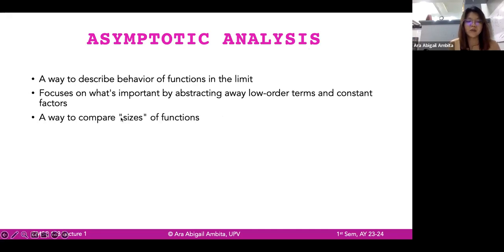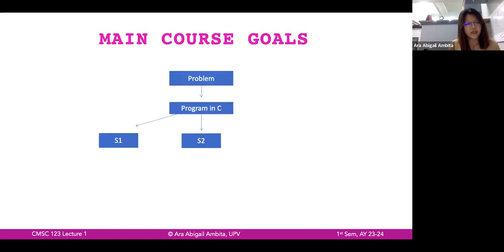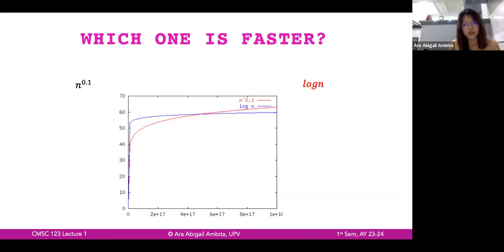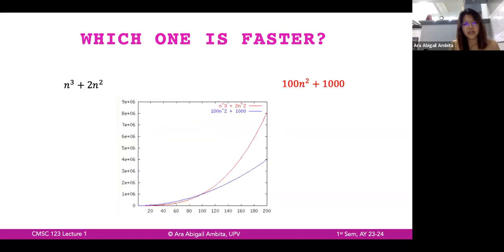Asymptotic analysis, again, is a way for us to compare the sizes of functions, particularly when the input size approaches infinity. Let's quickly go back to something that we have discussed last time. We have here an example of two functions, n cubed plus 2n squared, and 100n squared plus 1000.